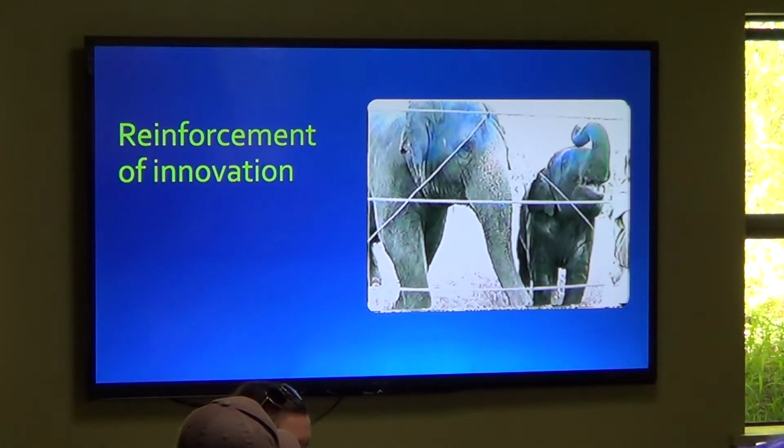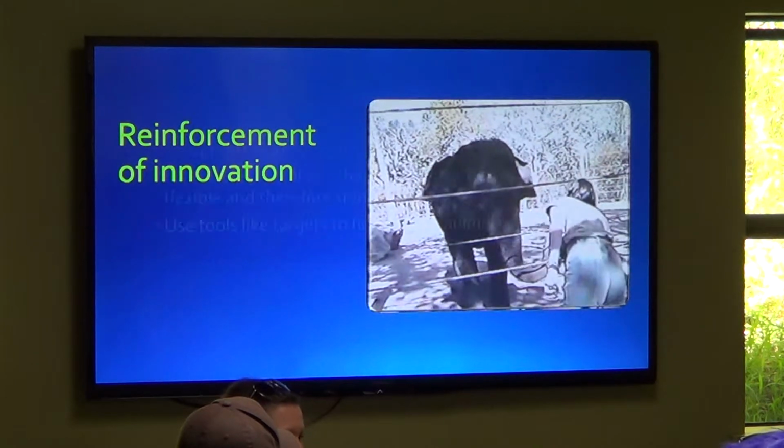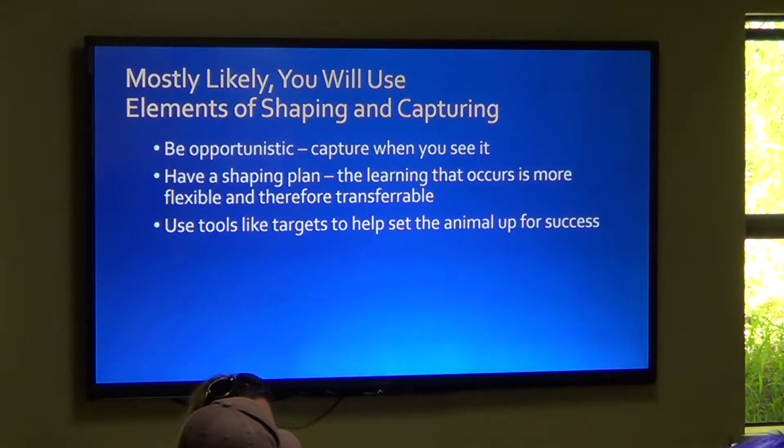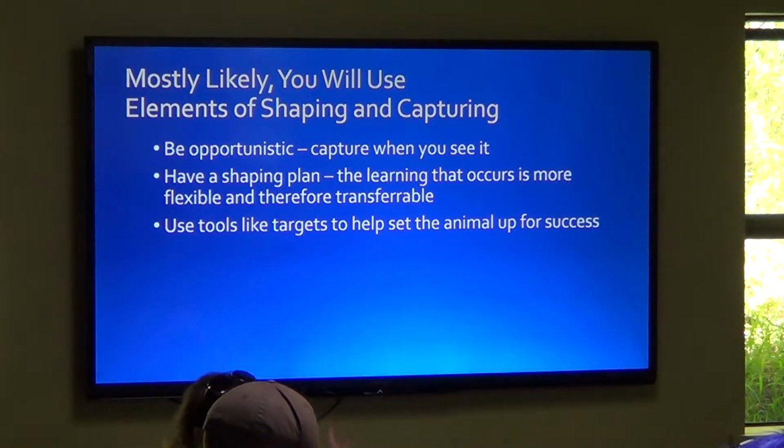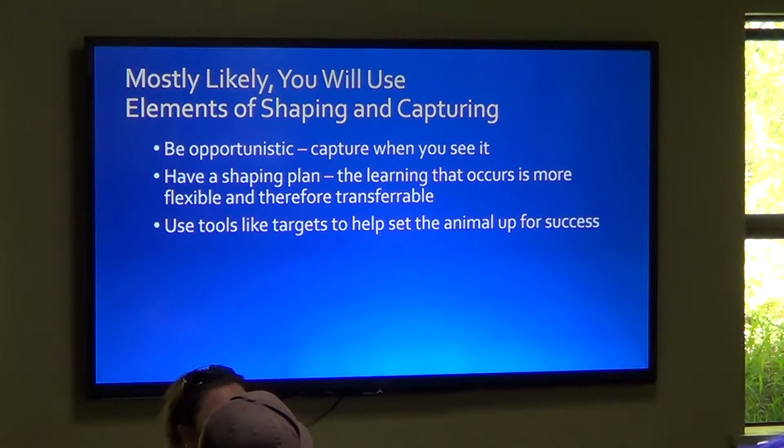So again, when you've got an animal that's super smart and is learning a lot of behaviors, and maybe you want to take a break from the medical behaviors and hard behaviors, and you think that they might offer these fun behaviors. They don't have to be fun, silly behaviors like that, but something that engages the animal.